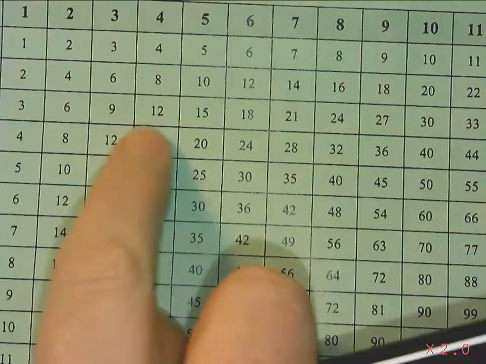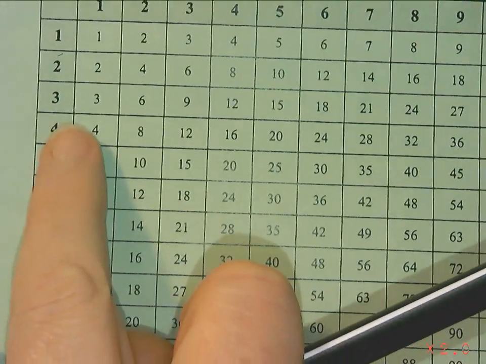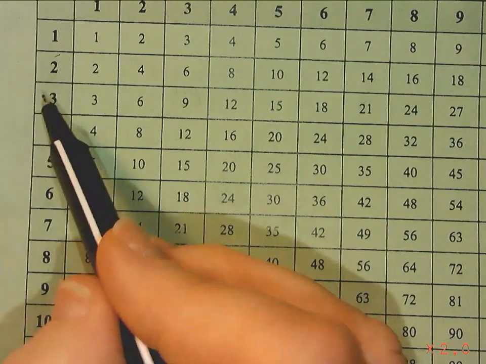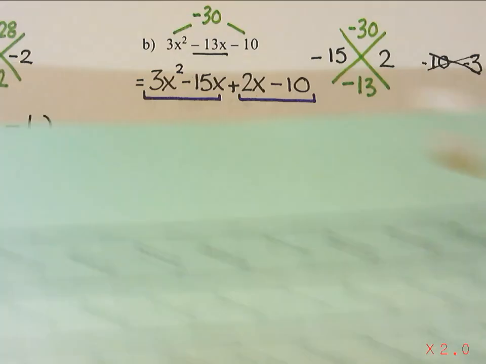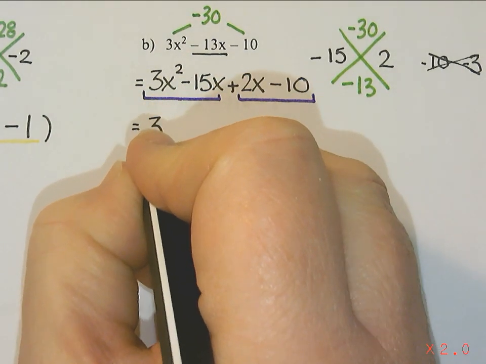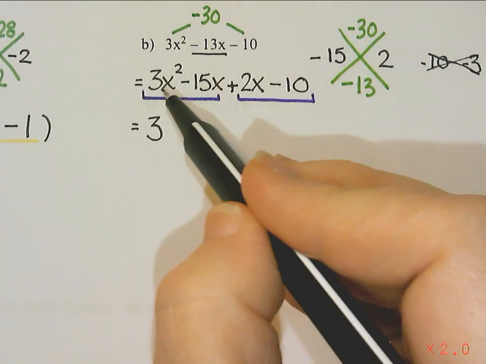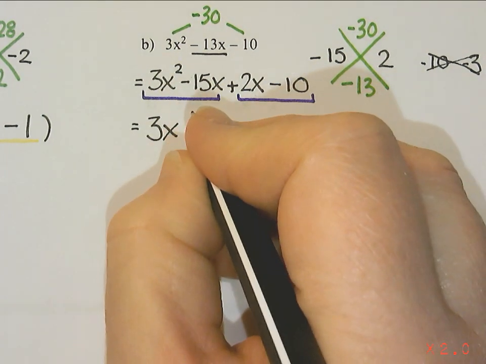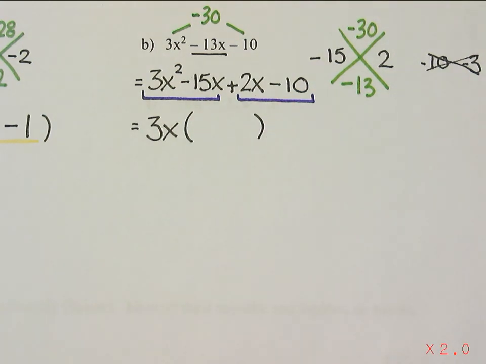They also both show up in the row for 3. And then I don't see them again after that. So they do both divide by 3. So I'm going to say that they have a common factor of 3. They do also both have an x. So I'm going to say my greatest common factor is 3x.